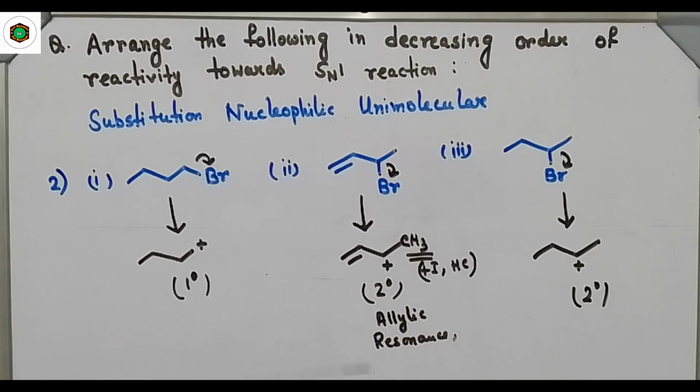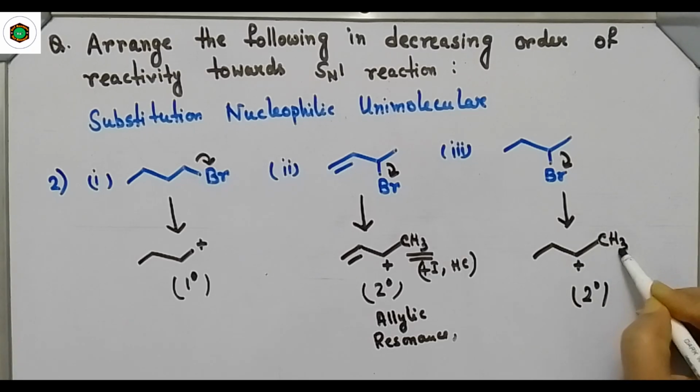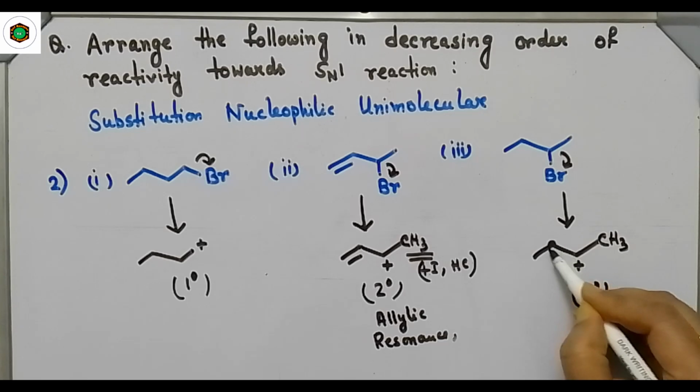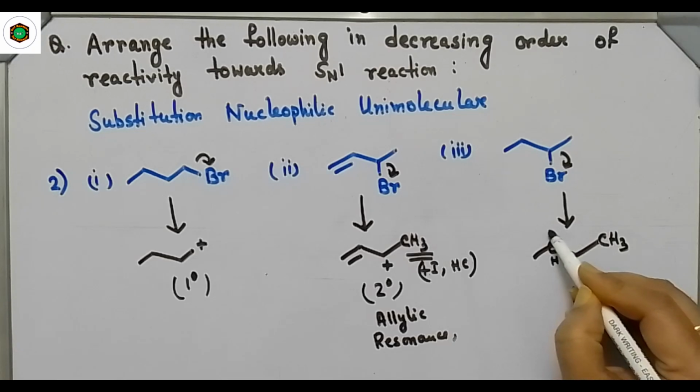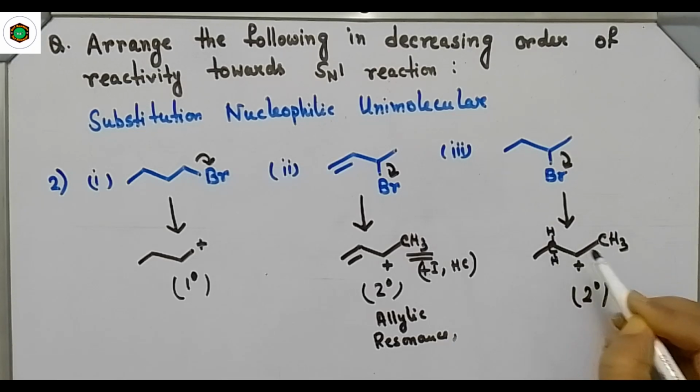So this carbocation is stabilized by the resonance effect of this group and the plus I and hyperconjugative effect of this methyl group. But here this carbon atom is stabilized by the hyperconjugative effect of this methyl and this CH2 group. Here this is methyl. And here how many carbon, 1 carbon atom and how many hydrogen? 2 valences are satisfied and here 1 hydrogen and here one hydrogen atom is there.